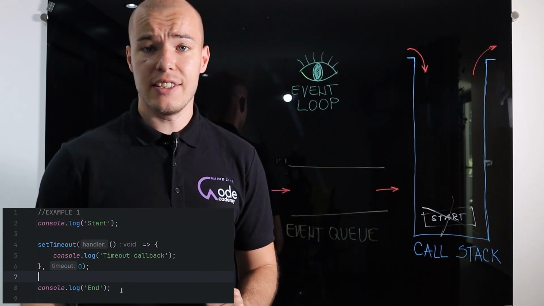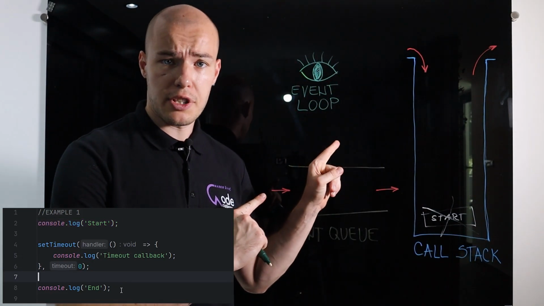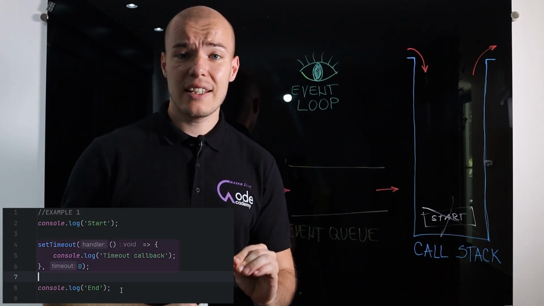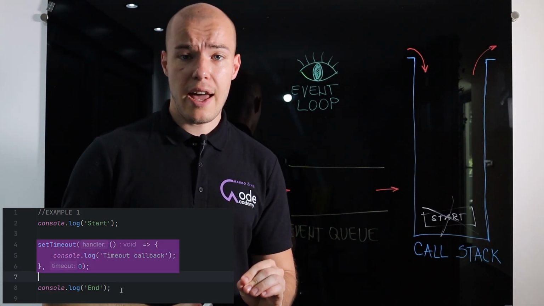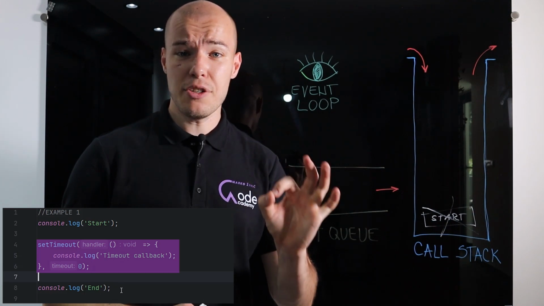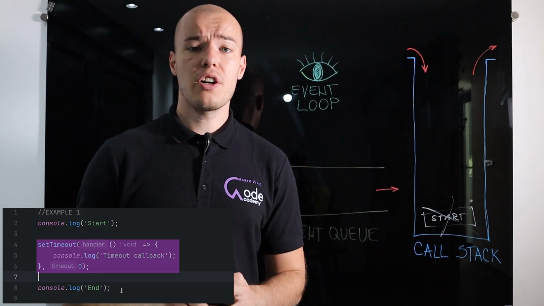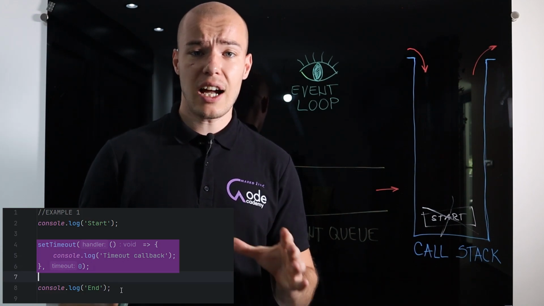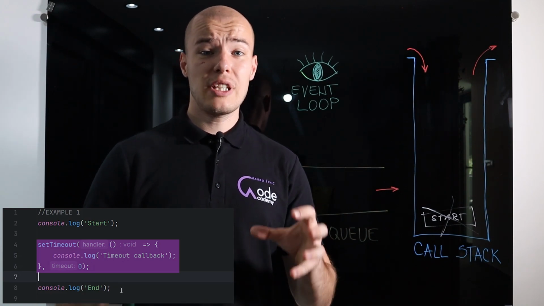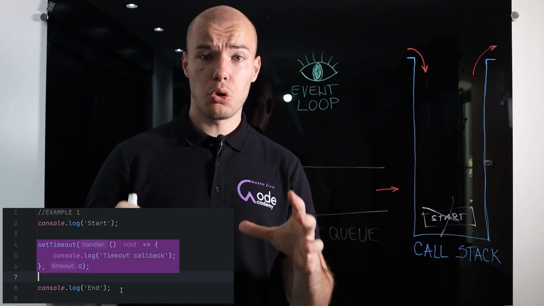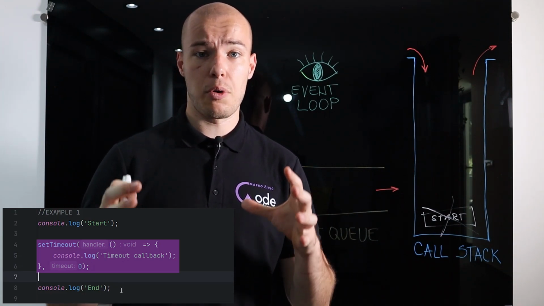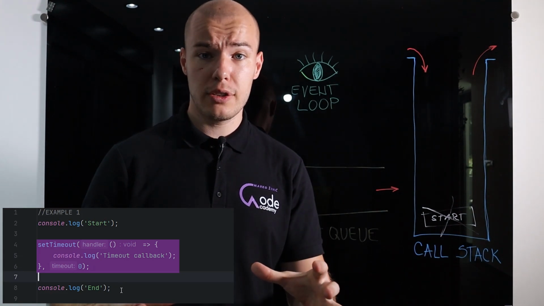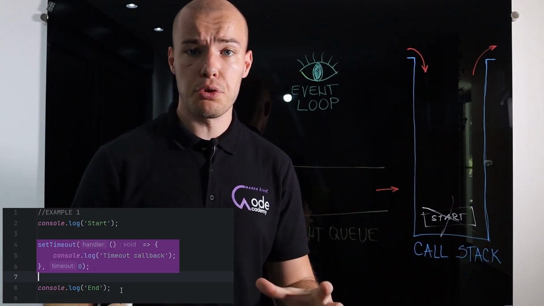Then the next line that we have in our code, just a reminder, this right here is our code, we have the execution of the setTimeout action. And as you can see, we have 0 timeout. So when our code gets to the line where we are trying to execute the setTimeout action, it is going to take a look at the callback that is stored inside of our setTimeout function, and it is going to push it onto the event queue.